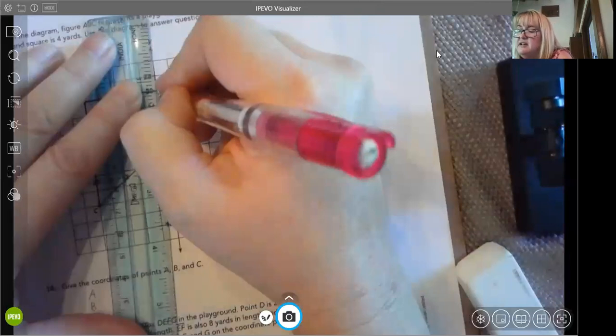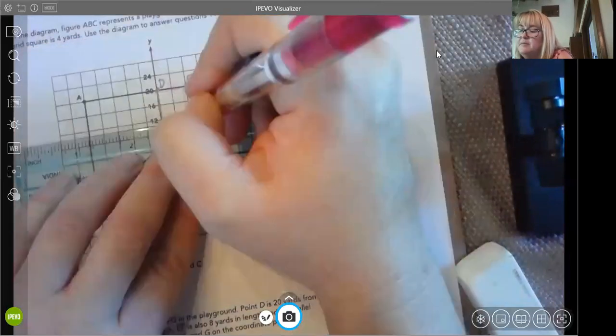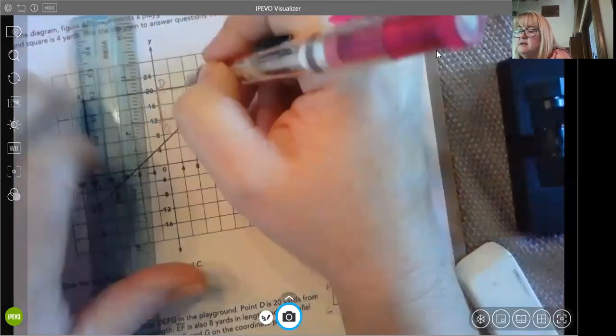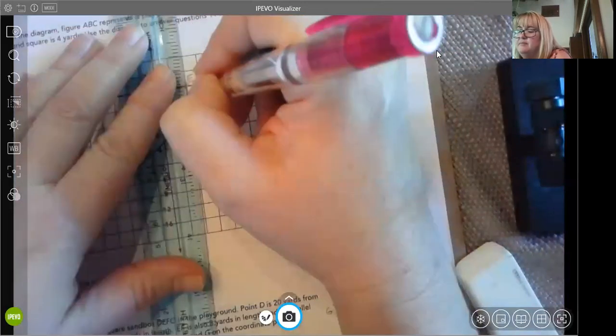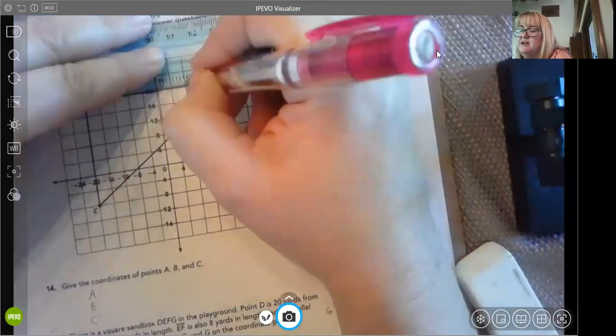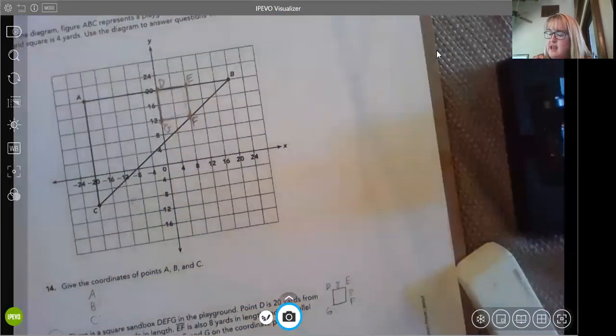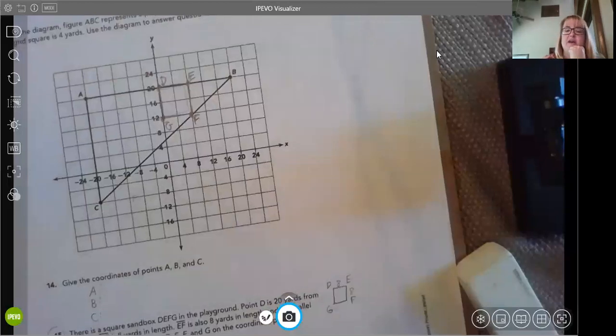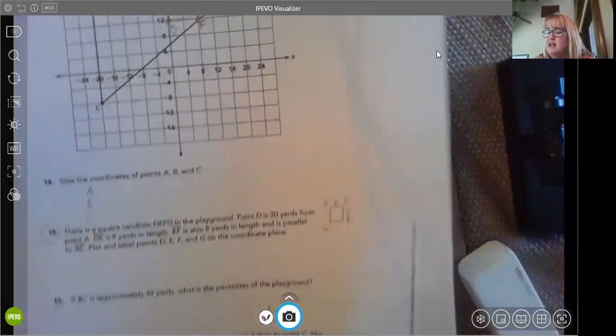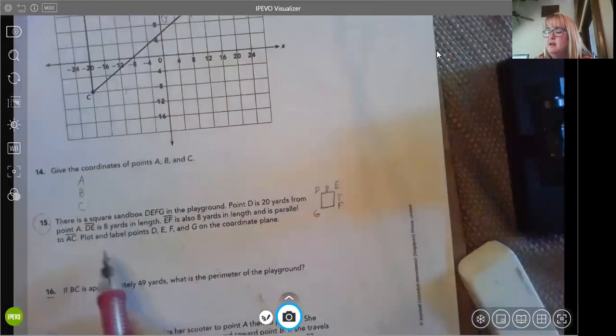Well, it's actually 8 by 8. Okay, so there's our square sandbox. Okay, I'm going to get you started on 16. Oh, last thing. We plotted and labeled, oh, that's it.